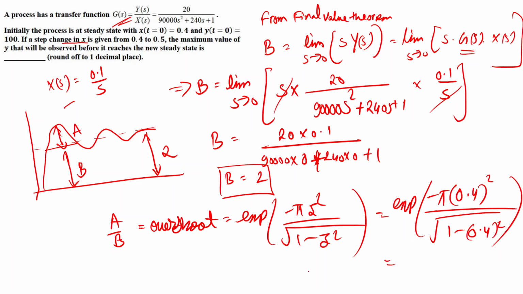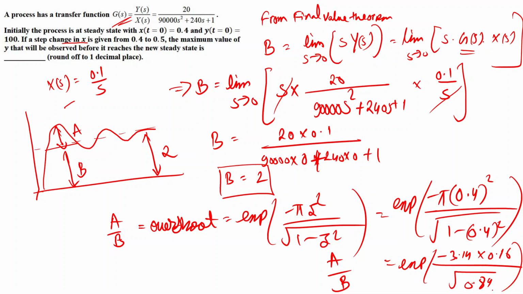So A upon B is equal to exponential of minus 3.14 into 0.16 upon the root of 0.84. You can again calculate this A upon B as exponential of minus 1.371, and this will become somewhere around 0.254.